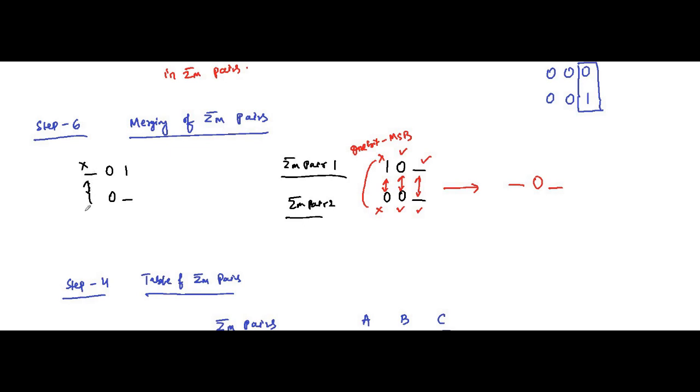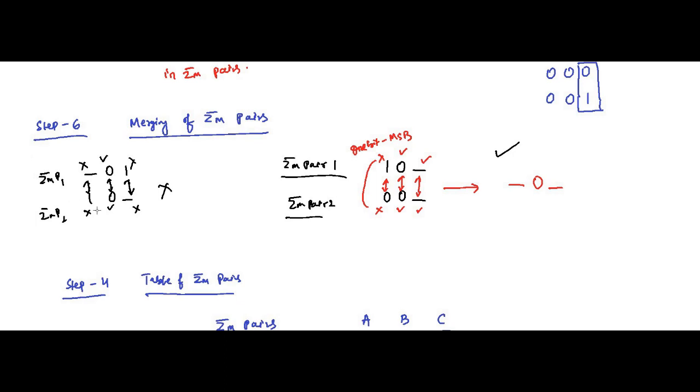Here it is a blank space, here it is 1 present, here it is the same, here it is again different, here it is 1, here it is a blank space. So this minterm pair 1 and minterm pair 2 cannot be merged because they are differing in more than 1 bit position. So this merging cannot be done. This can be done. Okay, so this is what we are going to do.